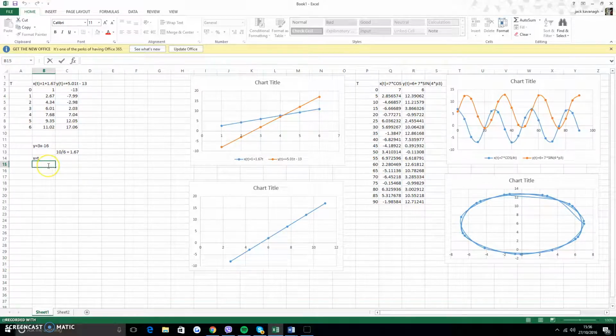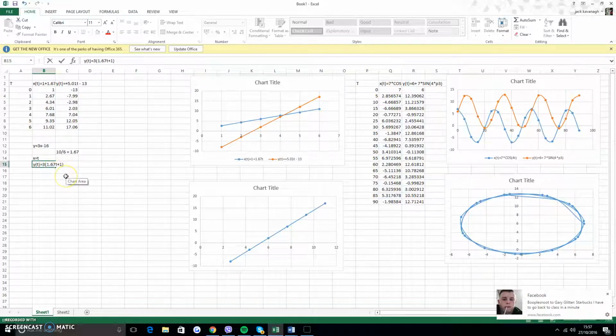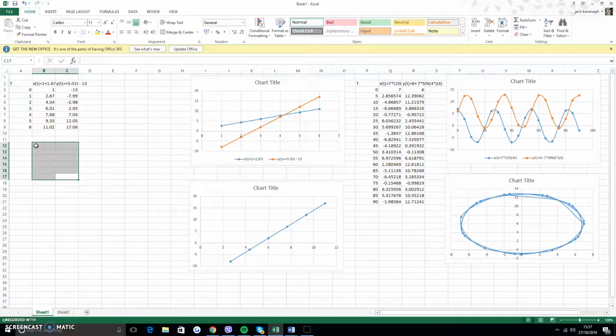We'll end up with y of t being equal to 3 multiplied by (1.67t plus 1) minus 16, and the x of t being equal just to 1.667t plus 1.